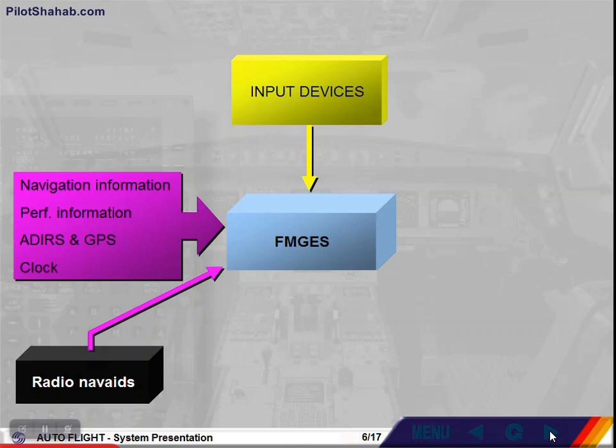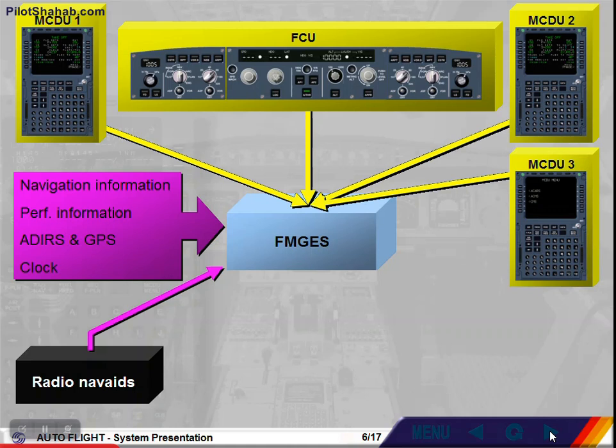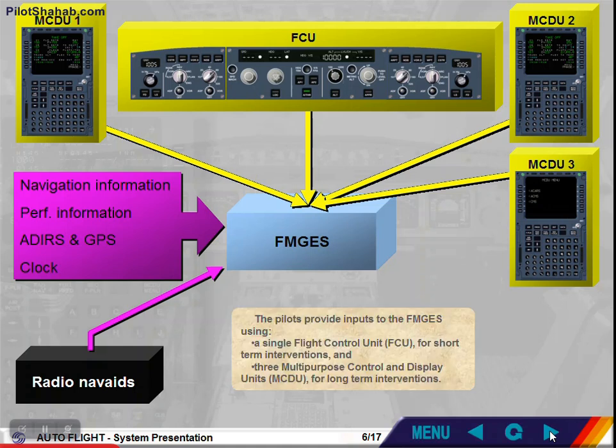The pilots provide inputs to the FMGES using a single Flight Control Unit, FCU, for short-term interventions and 3 multipurpose control and display units, MCDU, for long-term interventions.